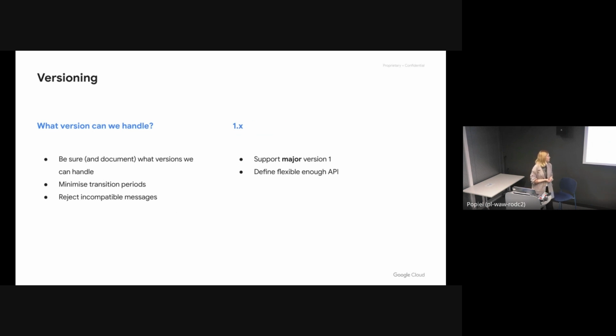We ended up with an assumption that there will be no breaking changes between major versions, and defined a flexible enough API. So if, for example, a new field is introduced but it's optional, we still don't know how to read it, but we also don't reject the message completely. As a result, we support OpenLineage major version 1.